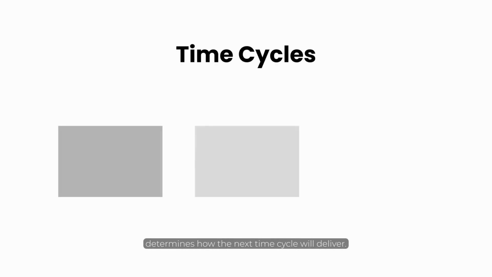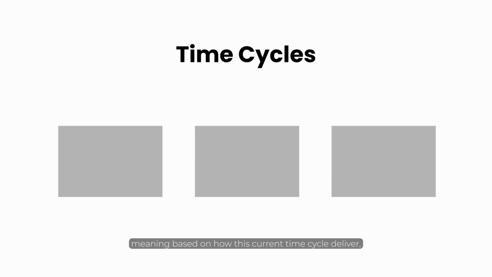What is crucial to understand is that the current time cycle determines how the next time cycle will deliver. That next cycle then determines how the cycle after that will deliver. Meaning, based on how the current time cycle delivers, we can anticipate, listen closely, how the next time cycle is likely going to deliver.